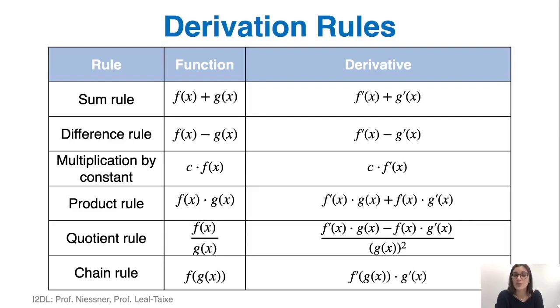So make sure that you remember the derivatives of the most common functions, and also all these derivation rules when it comes to a combination of two functions, because they will help you to determine every possible or arbitrary derivative when it comes to the lecture content in the future.